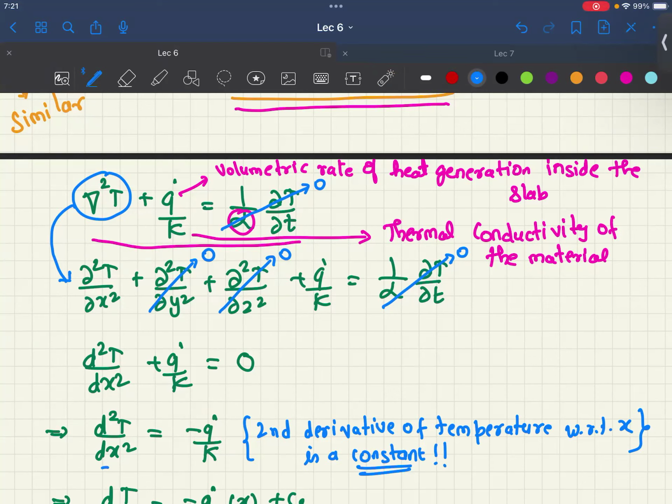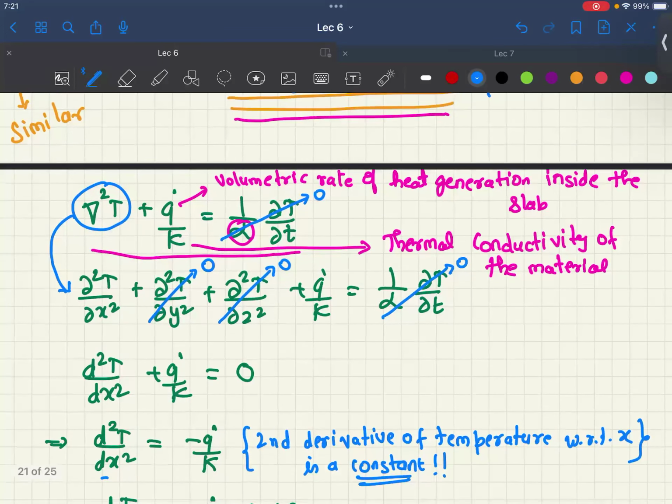That is, the second derivative of temperature with respect to x was equal to zero, and that gave rise to the linear temperature profile, right? But since here we have a second derivative equal to a constant, without even doing any sort of calculation, we can clearly see that the temperature distribution is going to be quadratic in nature, right?